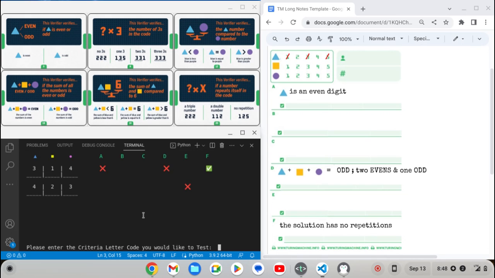Okay, so the sum is not 6. So that means that square is actually the odd value.